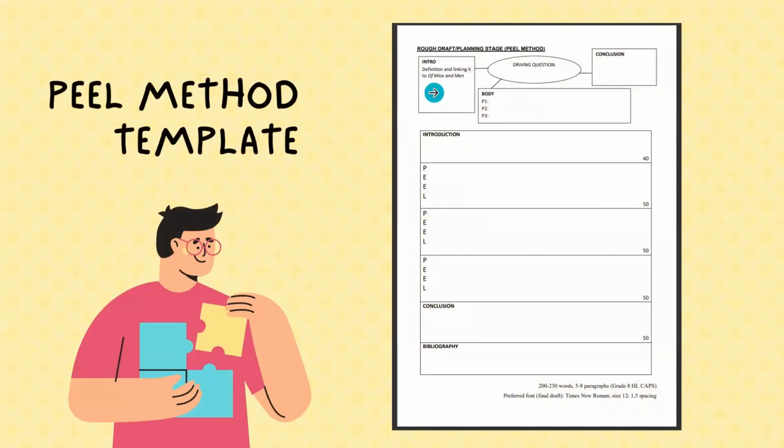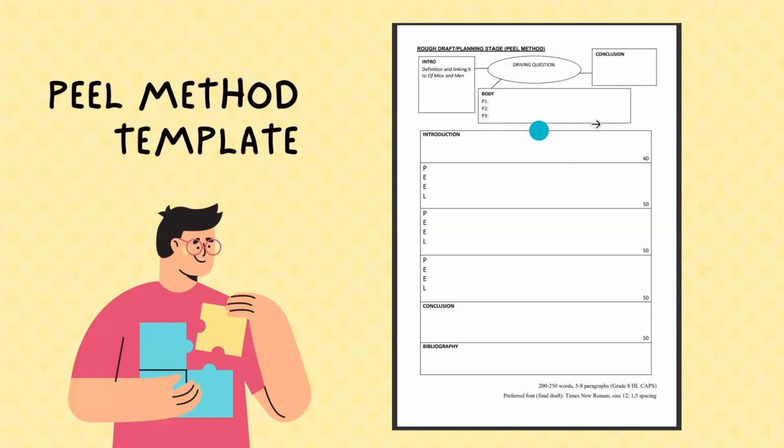Okay, so this template you can use for any academic write-up. It's the basic or the foundation of your Peel method. You have your introduction here, your body has the Peel method, and lastly the conclusion. So about 5 paragraphs. For introduction, you literally introduce your theme, the definition of your theme, using in-text references.